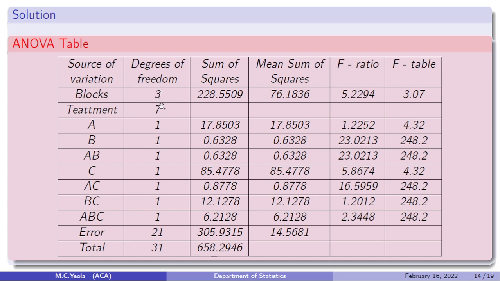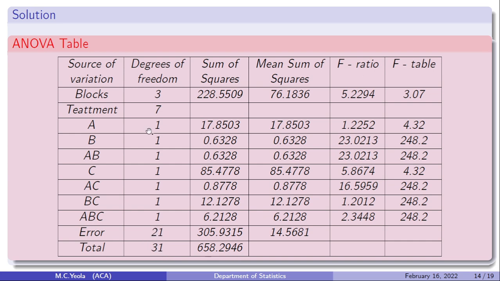Treatment combinations we are having 8, so 8 minus 1 is 7, and 7 combinations we are getting, so individual 1 degree of freedom each. Error degrees of freedom we get by subtraction. Total 32 observations, so degrees of freedom is 31. 31 minus 7 and 3, that is 10, gives us 21, so error degrees of freedom is 21.